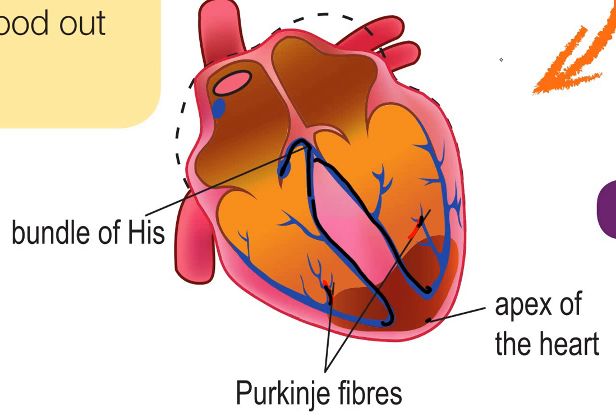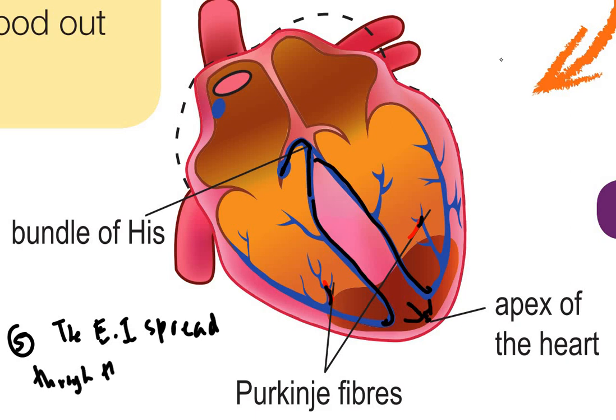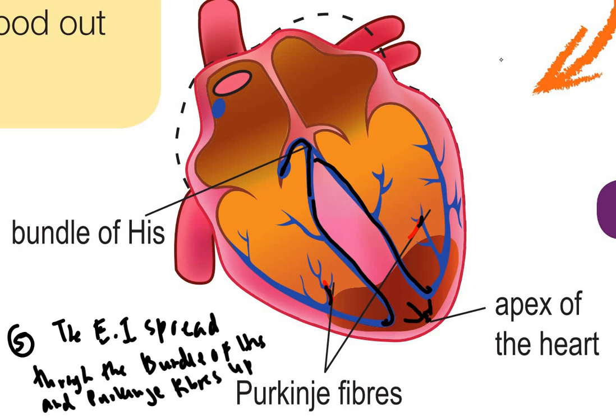So Purkinje fibers go up to the apex of the heart, so the apex of the heart will also receive the impulse. Now, this is number 5. The electrical impulse spreads through the bundle of His and Purkinje fibers up to the apex of the heart.